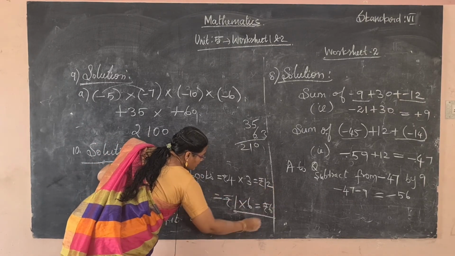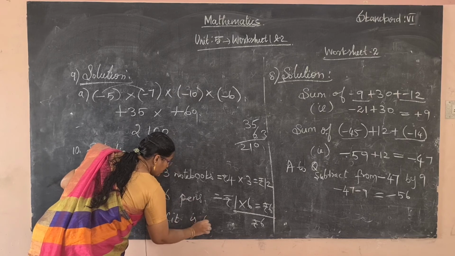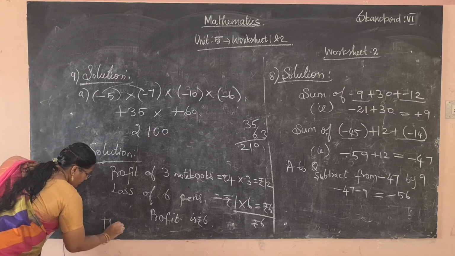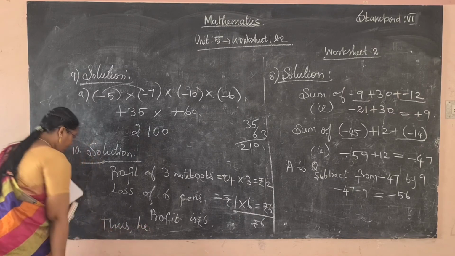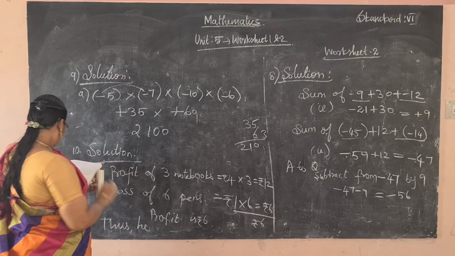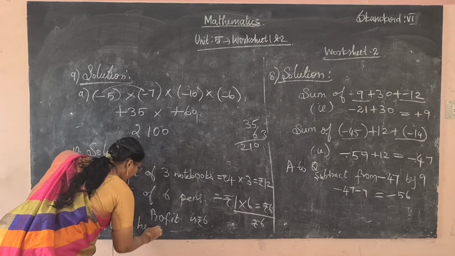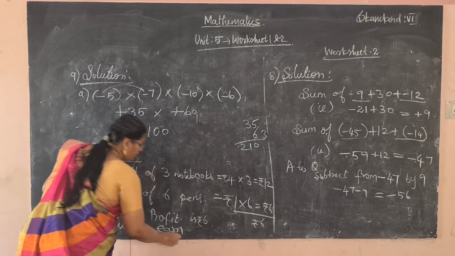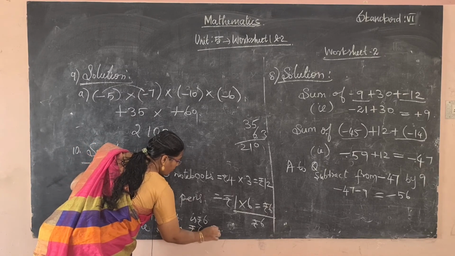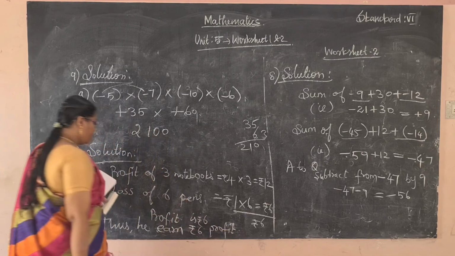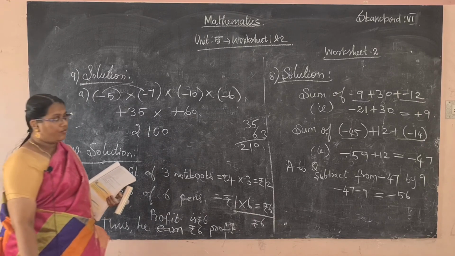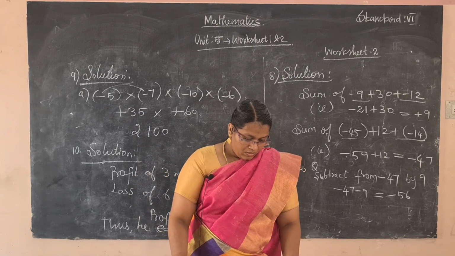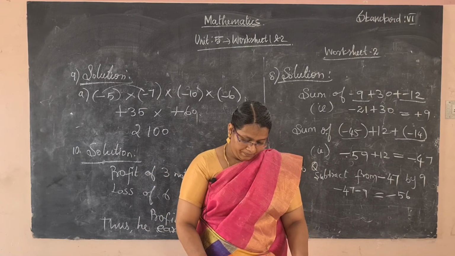Subtract: 12 minus 6 is 6 rupees. Thus he earned 6 rupees profit. That's it. So this unit is fully completed.